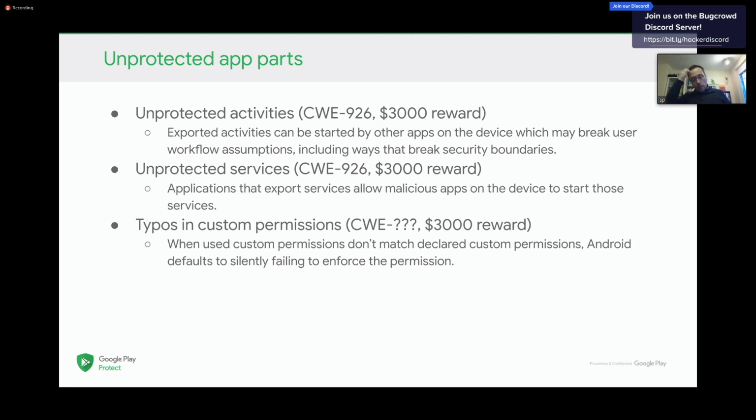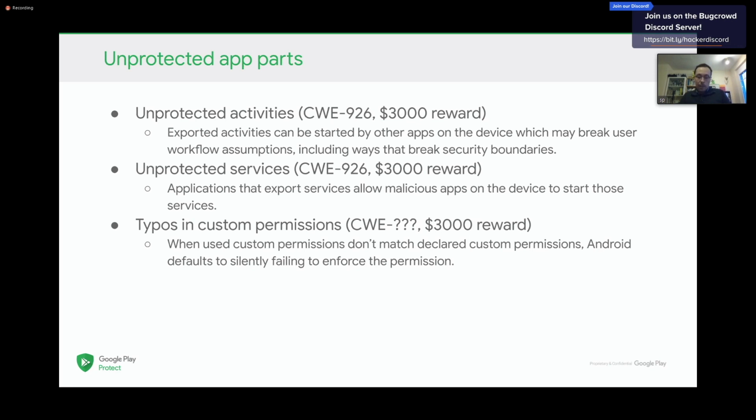Usually you want to have your activities protected if they're part of any kind of critical security flow. Imagine you have two activities, one password and one that gives access to sensitive data after the password is correct. And if you don't protect your second activity, then maybe it's possible for an attacker to bypass the password activity and just hop onto the second one and start that.